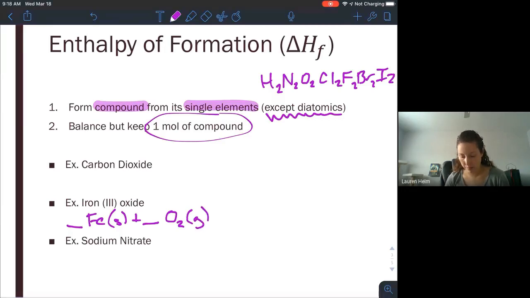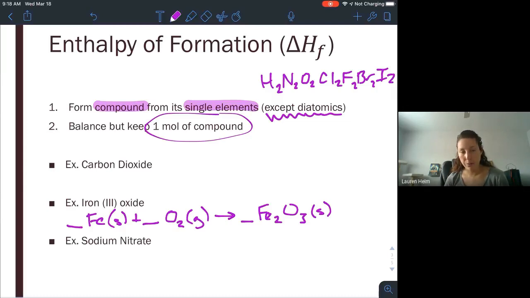That shouldn't be surprising. Yields iron oxide. We're going to do the crisscross. Oxygen is a -2 and iron is a +3. So when we crisscross, we get Fe2O3. Ionic compounds are always solid at room temperature unless told otherwise.